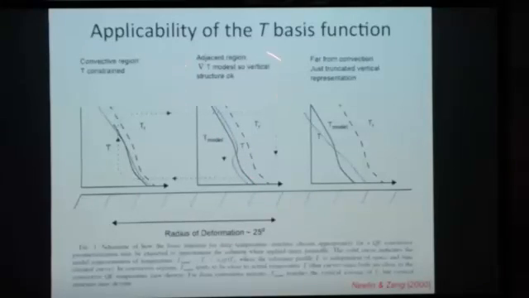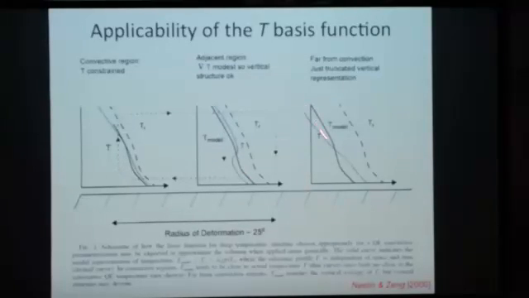As you move away from the deep convecting region, you might get into a place adjacent to it where you start to develop temperature gradients that are not negligible, in which case the real profile of temperature at that point might be like this wiggly curve, and this is what the model says it should be.